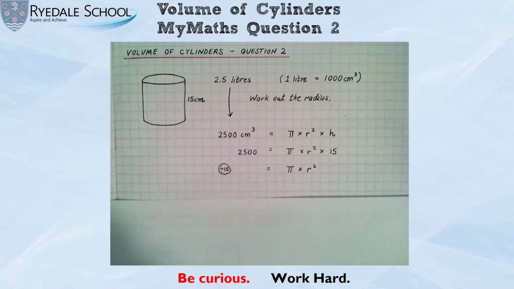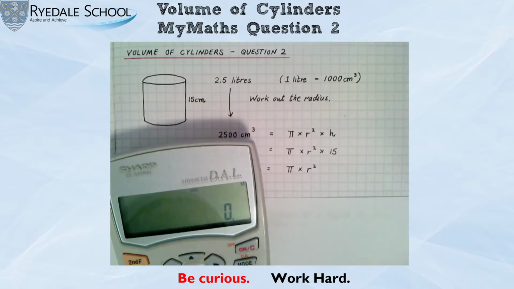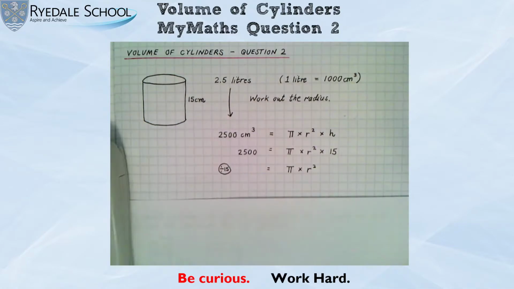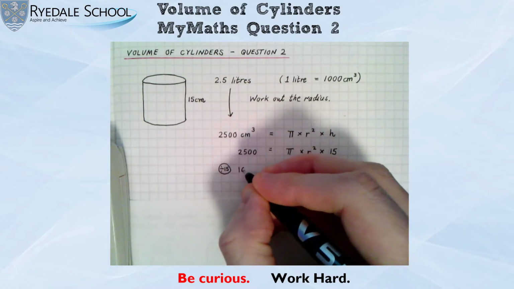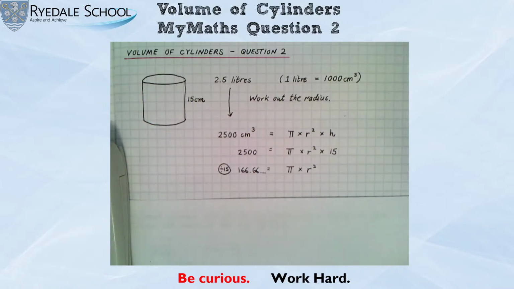And 2,500 divided by 15 probably isn't going to be a very nice number. We'll have a quick look. It is 166 2/3, so all I'm going to do is write 166.66... just to say it's going on.